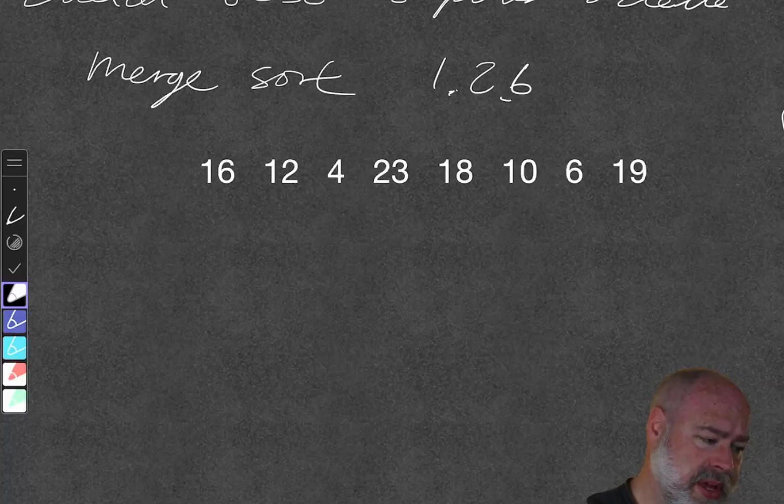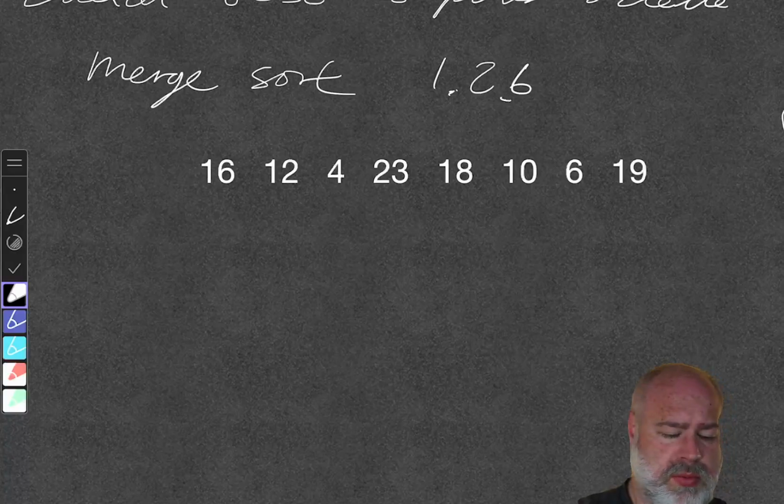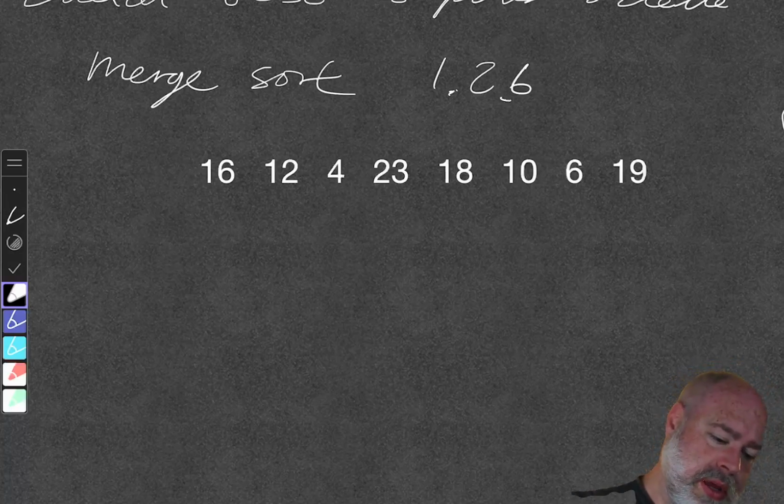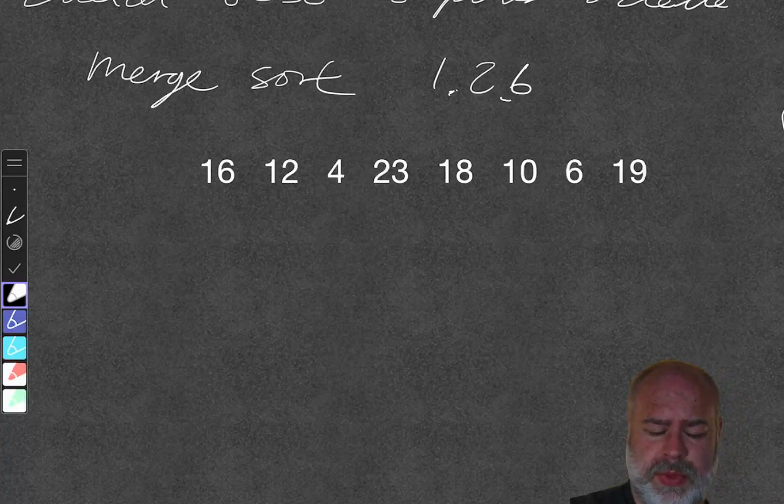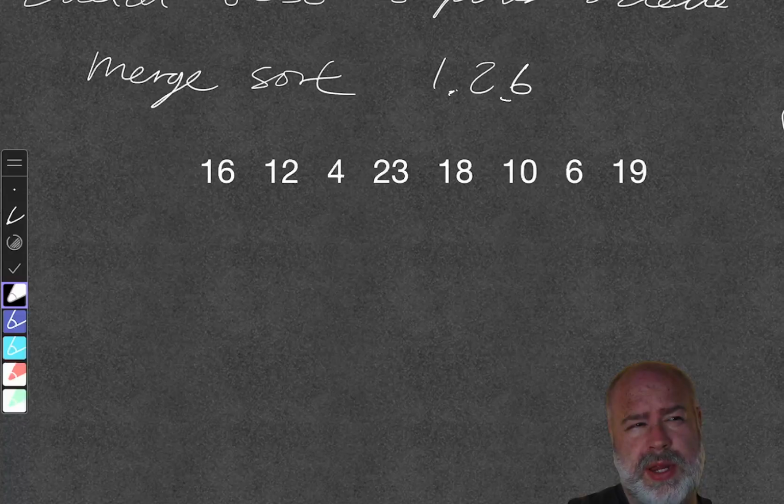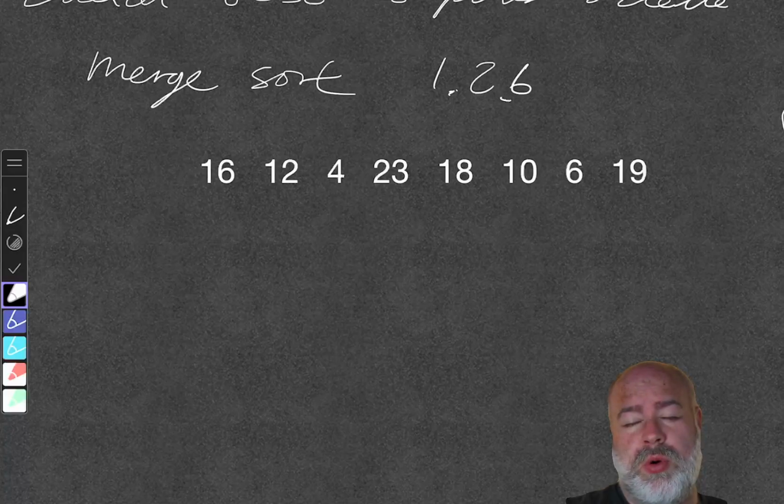What happens is this. Let's say we've got an array. They're all integers in here, all the same data type. Merge sort is what we call a divide and conquer algorithm. If you see divide and conquer in the exam for Edexcel, they're talking about merge sort or binary search.